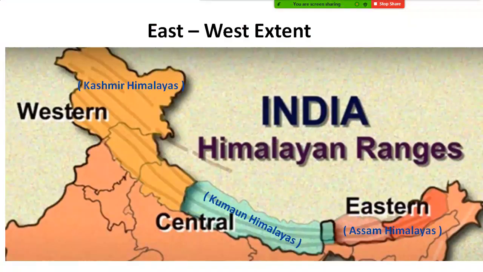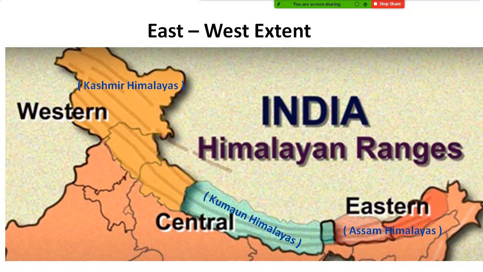The Himalayan mountain ranges are also divided into Western Himalayas or Kashmir Himalayas, Central Himalayas or Kumaon Himalayas, which lie totally in Nepal, and Eastern Himalayas or Assam Himalayas, which are also known as Arunachal Himalayas, based on their east-west extent.